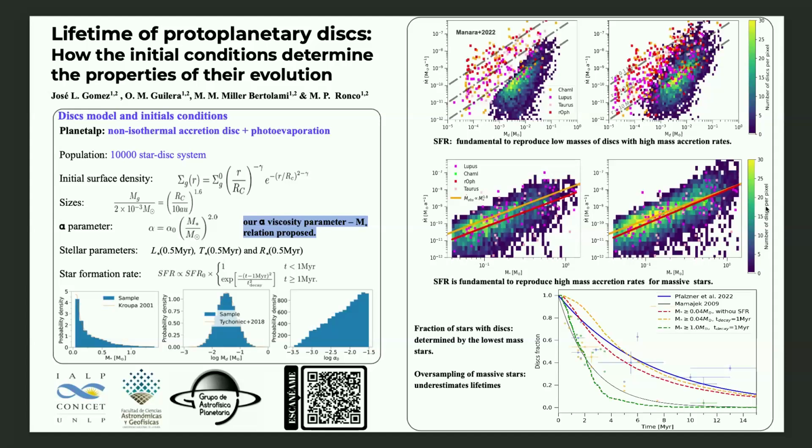The last panel is the effect of the stellar formation rate on the fraction of stars with disks, compared with the fraction observed. The general conclusion is that the stellar formation rate is important to reproduce the strong correlation between the mass accretion rate and the stellar mass, the correlation between the mass accretion rate and the disk mass, and to reproduce the fraction of stars with disks.